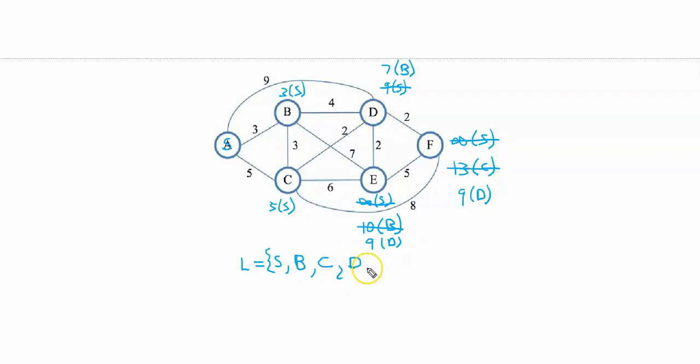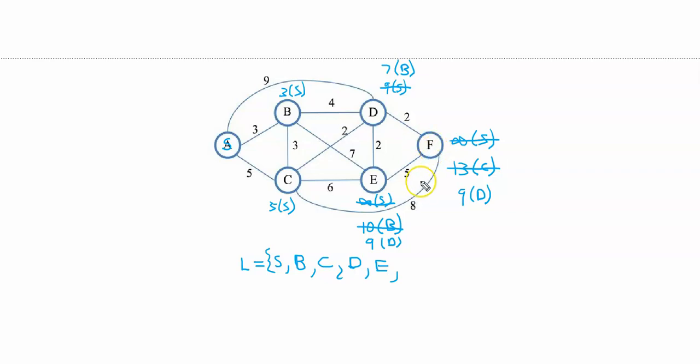So now we want to add into our list L the vertex not in L that has the smallest label. That's going to be, let's see, we've got E or F. They're both the same here, so we'll just add in E. And then let's see, we have to update the label for F possibly.